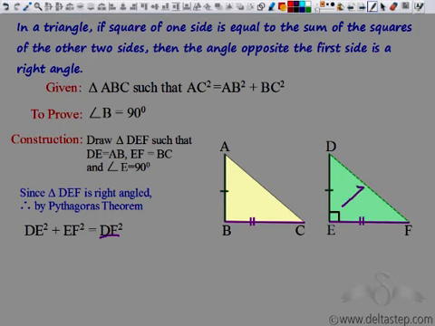Now I know that DE is equal to AB, so rather than DE square, I can write AB square. Plus EF is equal to BC, so I can write BC square here. That comes out to be equal to DF square.